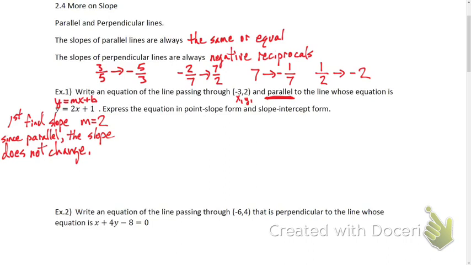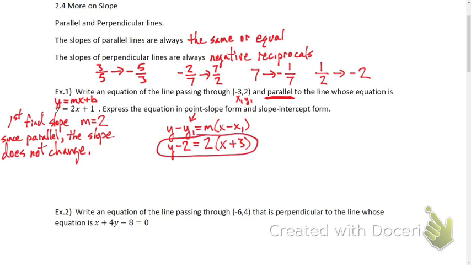And they tell me to put it in point slope form. We learned that last week. That is this form. So let's substitute into that formula. We have y minus 2 equals 2x plus 3. And that is point slope form.